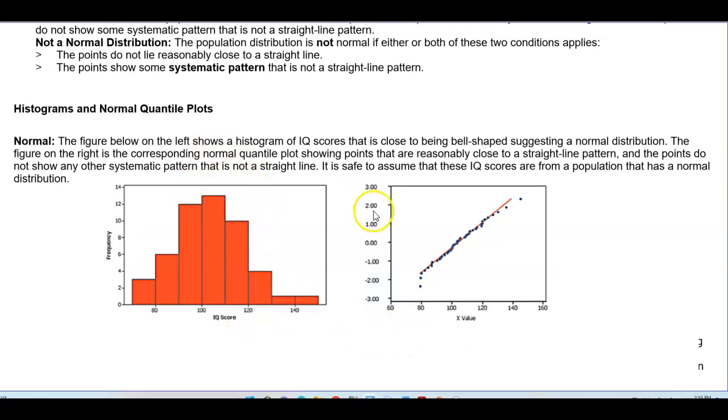The figure on the right is the corresponding normal quantile plot showing points that are reasonably close to a straight line pattern, and the points do not show any other systematic pattern that is not a straight line. So it is safe to assume that these IQ scores are from a population that is a normal distribution.